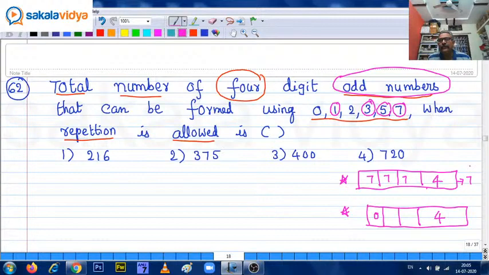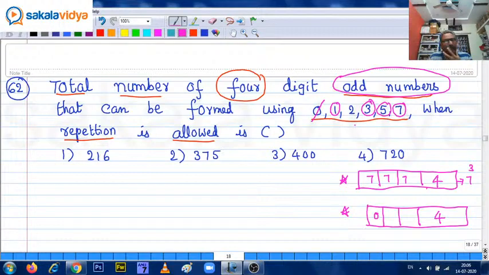This will be 7 cube. Now already 2 places are filled, that means 0 is filled and the next one will be filled. Wait now, repetition is allowed.